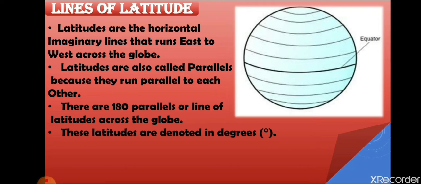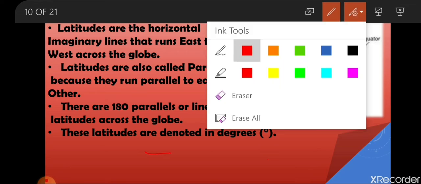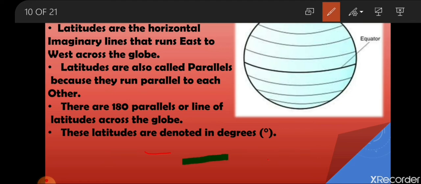Line of latitudes. So students, as you can see in the figure, lines of latitude are horizontal lines. Horizontal line means this type of line. So this horizontal line is an imaginary line on our earth's surface that runs from east to west.